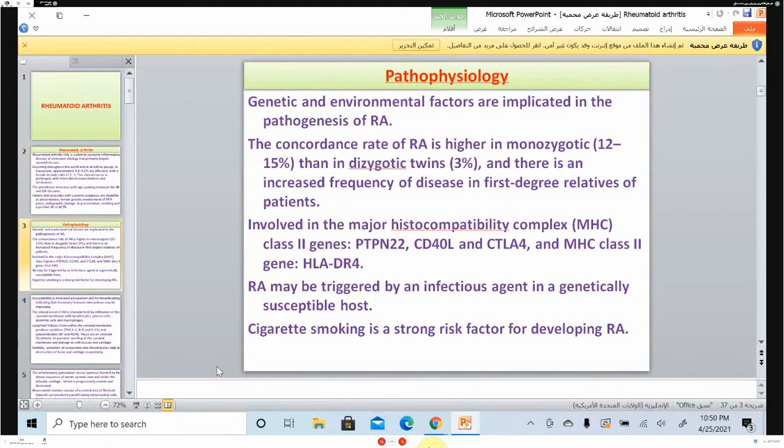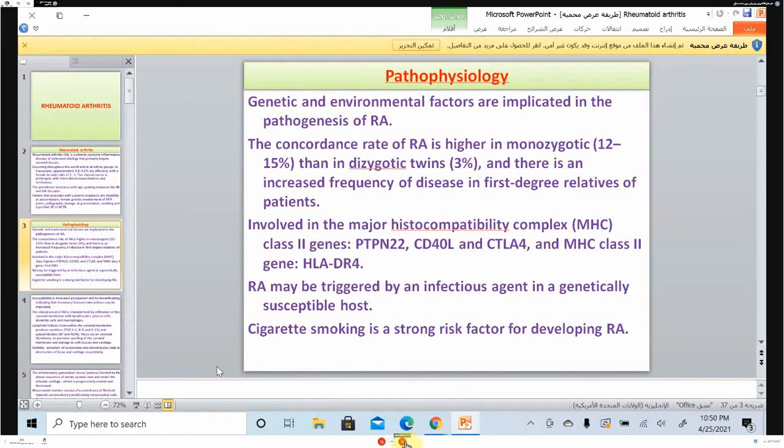The pathophysiology: genetic and environmental factors are implicated in the pathogenesis of rheumatoid arthritis. The concordance rate of rheumatoid arthritis is higher in monozygotic than in dizygotic twins. And there is an increased frequency of disease in the first-degree relatives of patients.